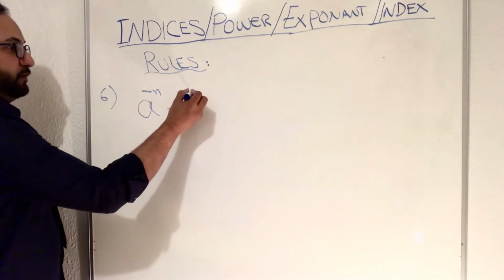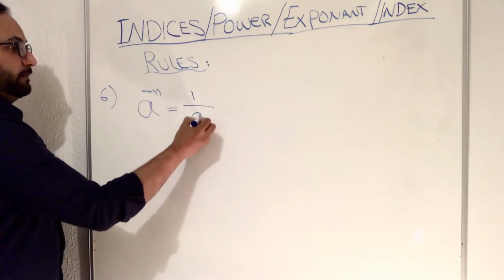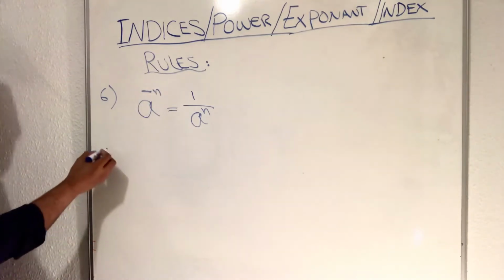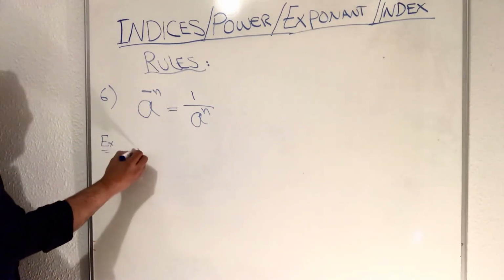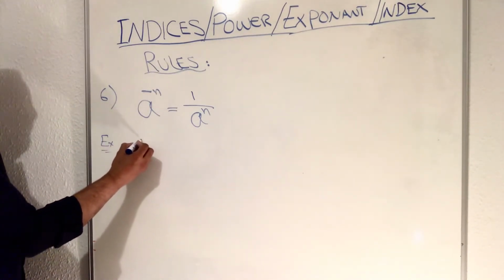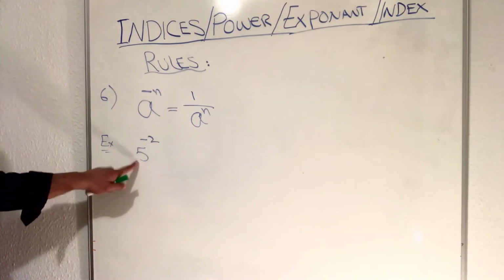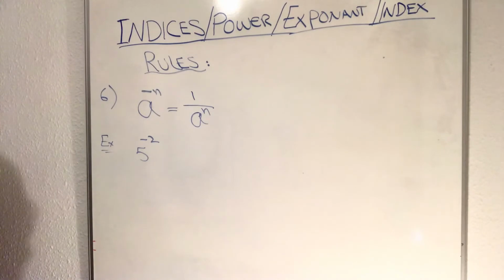That becomes 1 over a power n, positive. So for example, can you find 5 power minus 2?